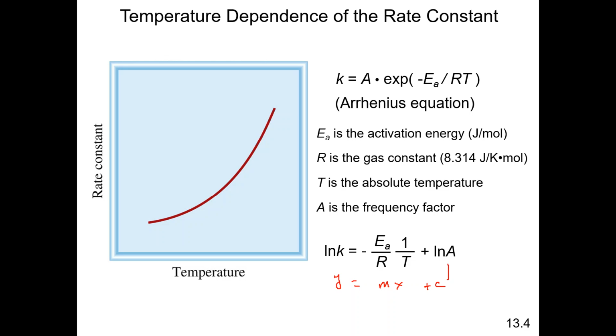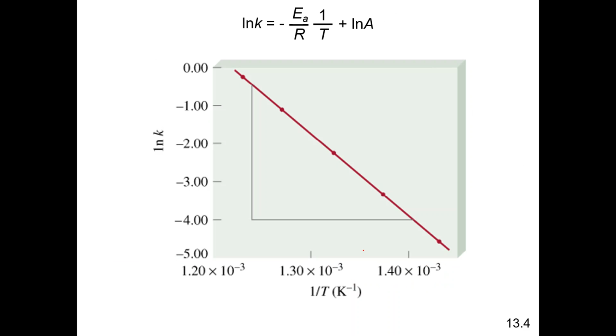So c would be ln A, x would be 1 over T, m would be minus EA over R, and y would be ln k. So the two variables that you'll be looking at are ln k versus 1 over T. If we do that plot, you're going to get this straight line right here.